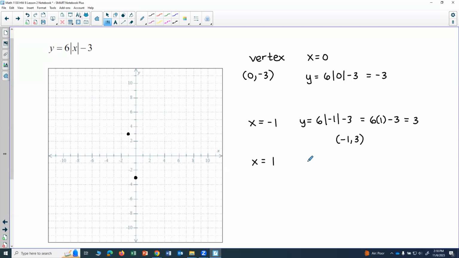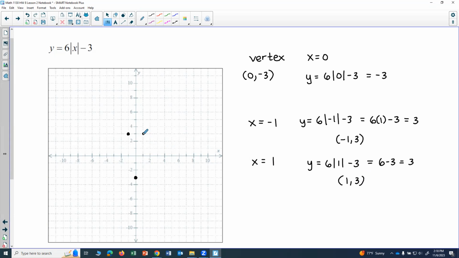And I'll do the same thing when x is +1. I get y equals 6 absolute value of 1 minus 3. Which just gives me 6 minus 3, or +3. So I have the point 1, 3.